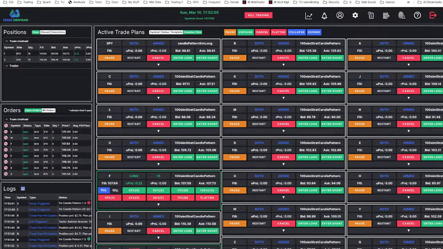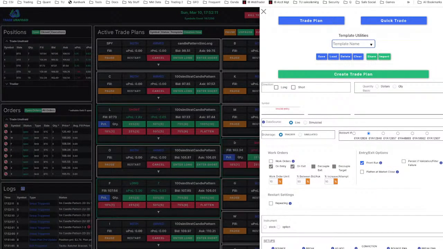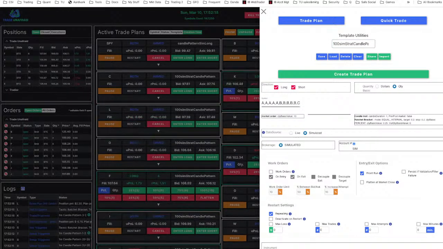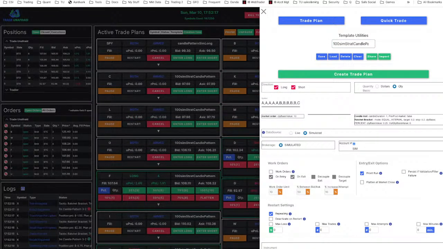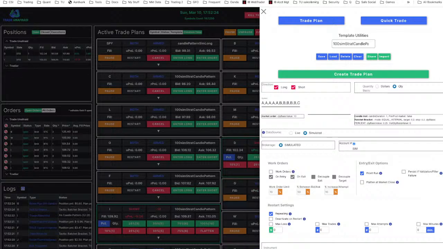And then, I don't know if you noticed, but in this trade plan, I actually have multiples of each. So I have this comma separated list of symbols, so it actually creates 5 trade plans for A, and 5 for B, and 5 for C, so all the way through the whole alphabet.